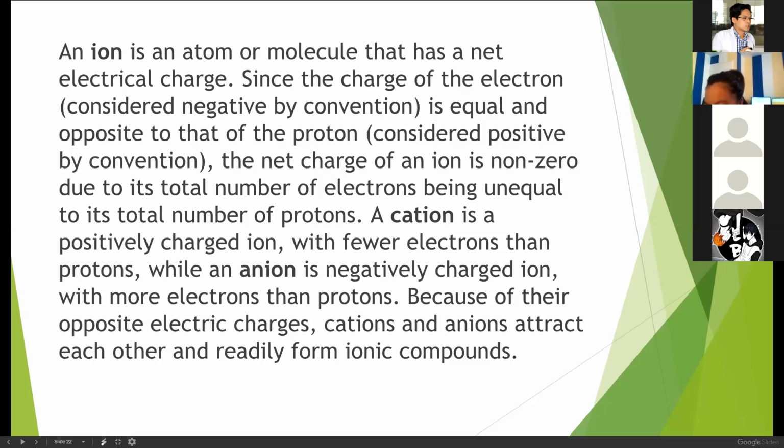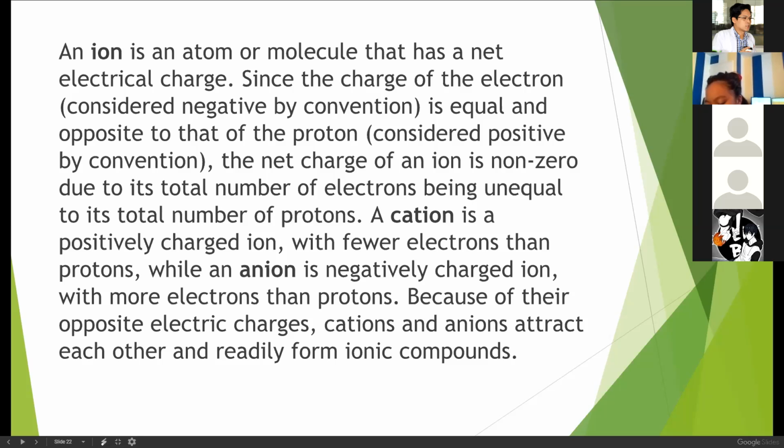The net charge of an ion is non-zero due to its total number of electrons being unequal to its number of protons.